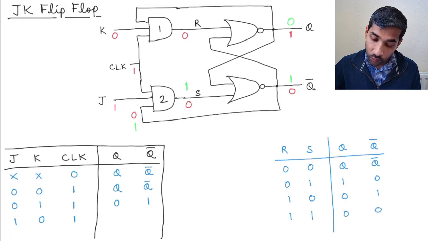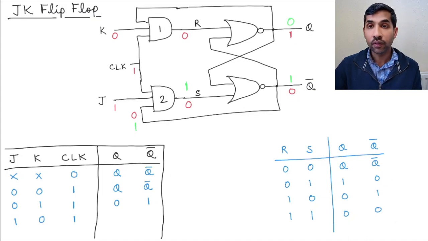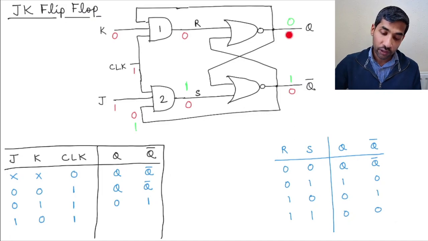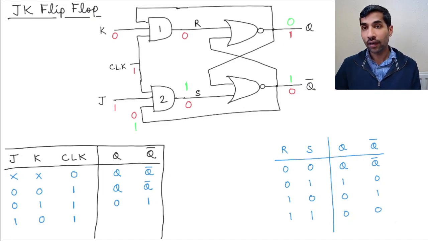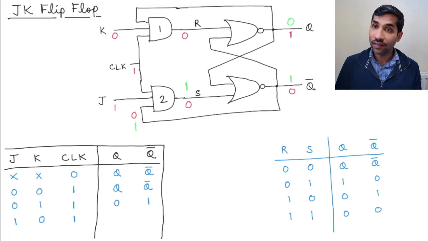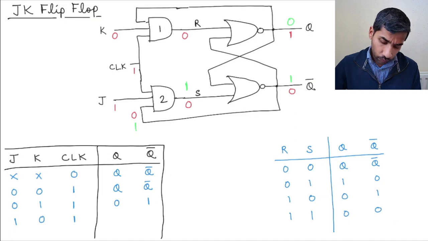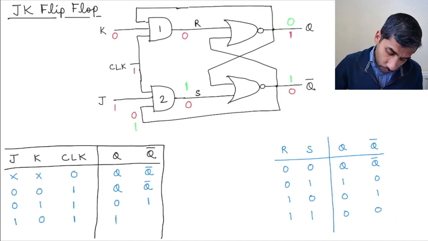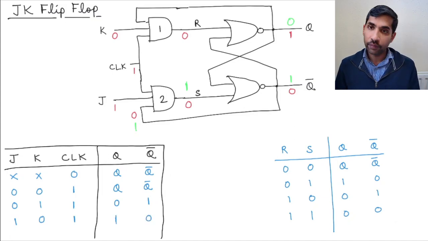You get Q equal to 1 and Q bar equal to 0. So in whatever state we are in to start off with, your Q and Q bar are going to return to 1 and 0 when J is 1 and K is 0. Is that okay? So we have Q equal to 1, this is 0.